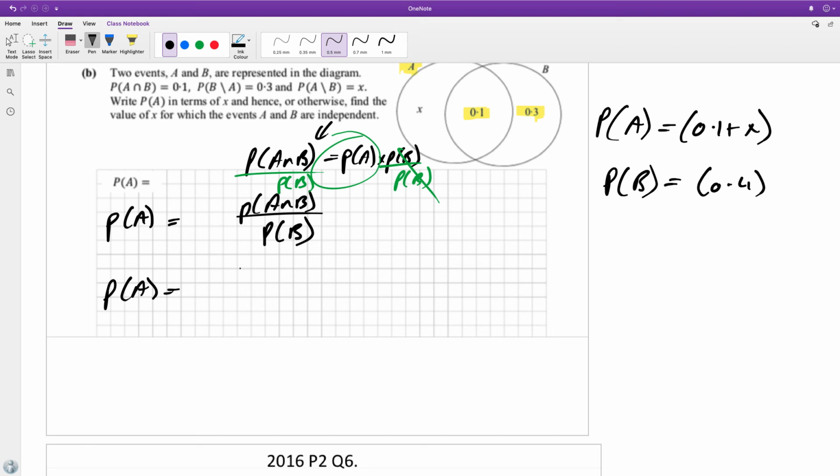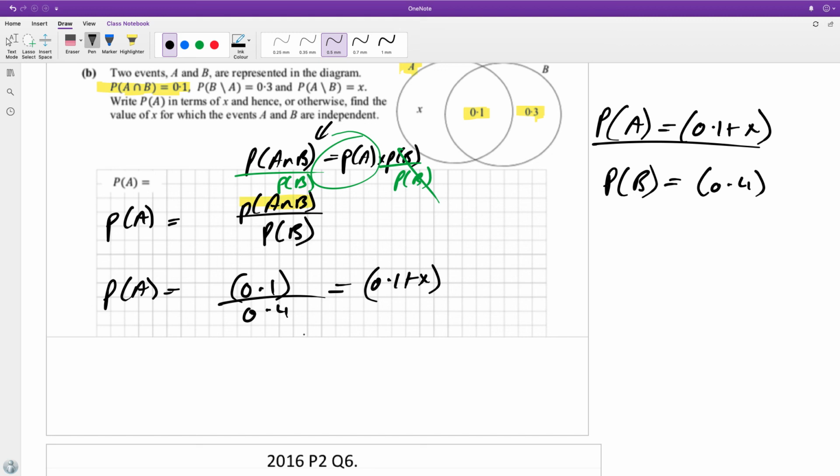is equal to probability of A intersection B divided by probability of B. Do we know it? 0.1. Where am I getting that from? Up here. Probability of B is 0.4. And it's equal to the probability of A. What's the probability of A? 0.1 plus x, which we got from up there.